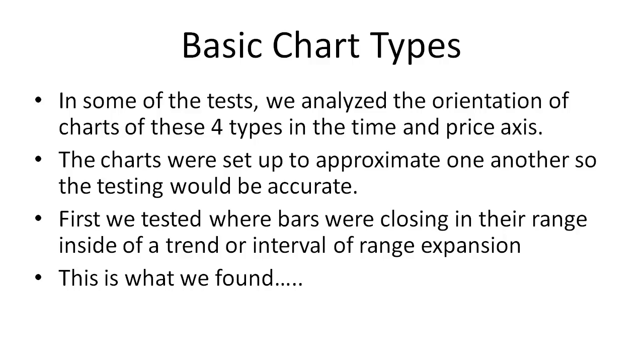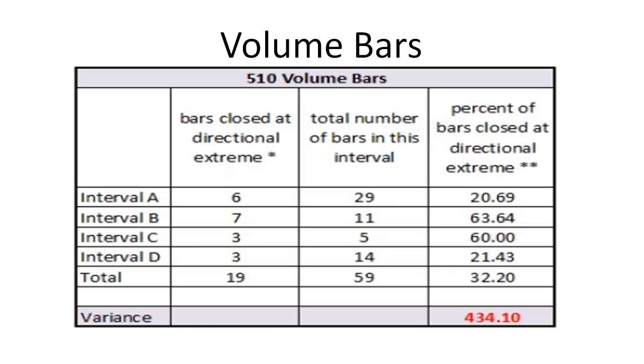So where you're closing in the range becomes a critical factor in the way your charts feed their information into your indicators. It's important that where bars close in their range is a meaningful piece of data. Keep that in mind as we go forward.